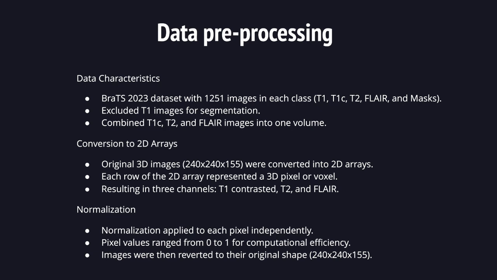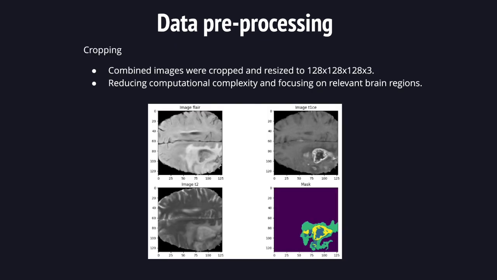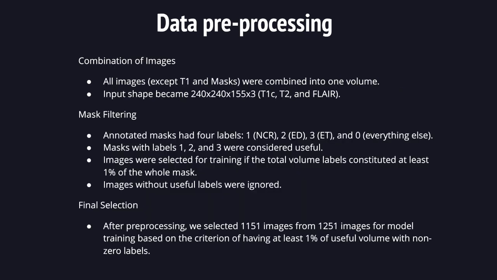And for the data preprocessing, we reduce the computational complexity by focusing on relevant brain regions. For the combination of images, all images were combined into one volume. Input shape becomes this one.